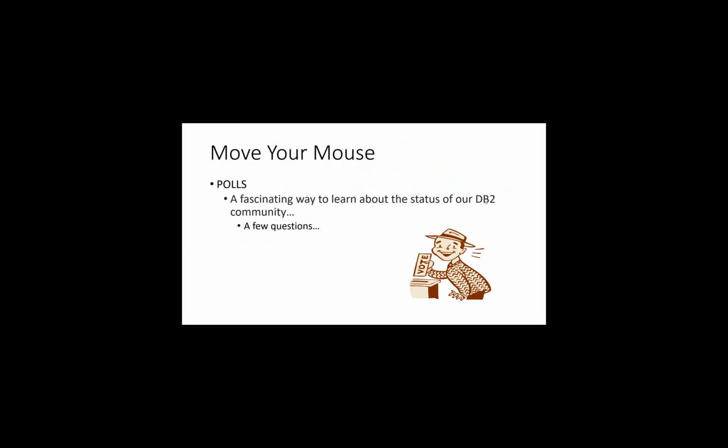All right, so you will start seeing polls coming on your screen. What version of DB2 are you currently running? You have 30 seconds to provide the response. All right, getting the responses.